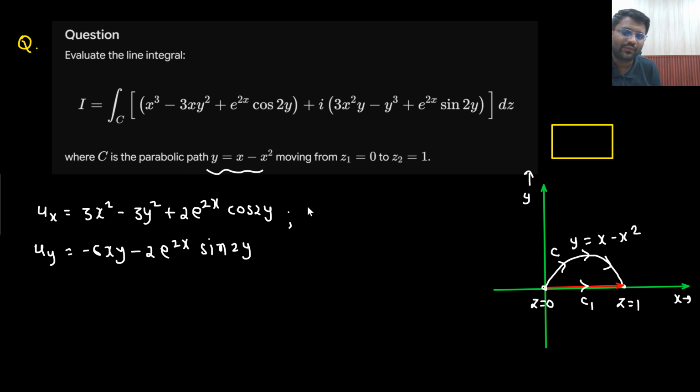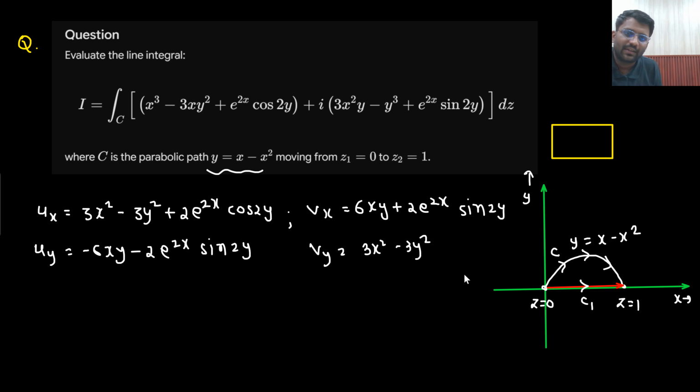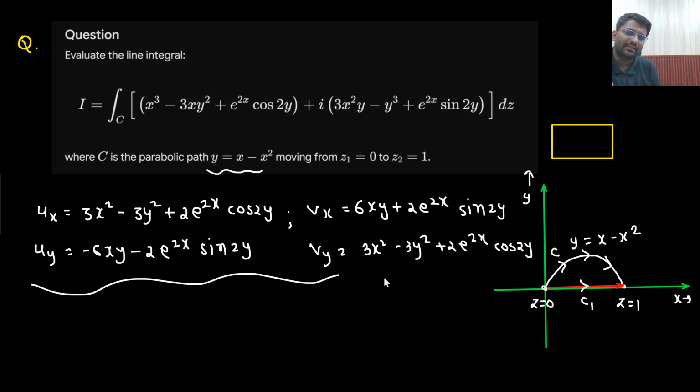Now partial differentiation of v with respect to x, what will it become? 6xy plus 2 e to the power 2x sin 2y. And partial differentiation of v with respect to y, 3x square minus 3y square plus 2 e to the power 2x cos 2y. You can directly see that yes sir, it is analytic.